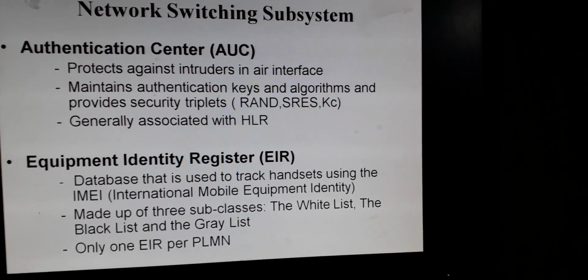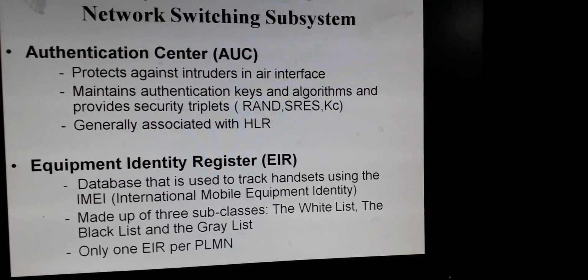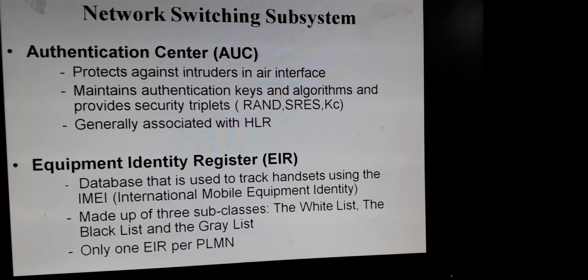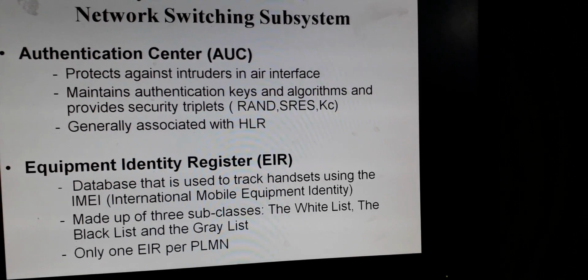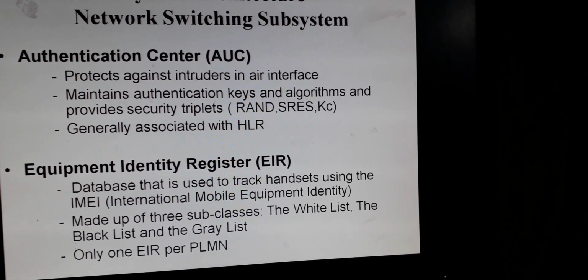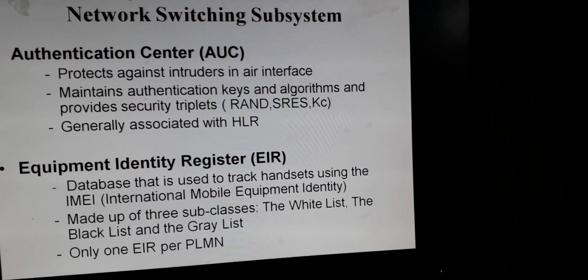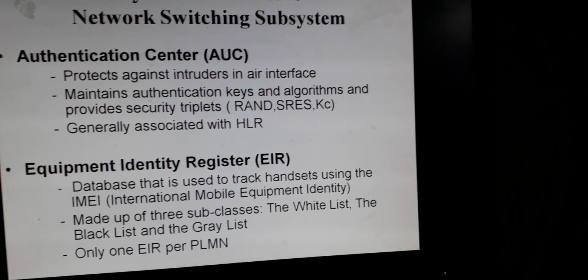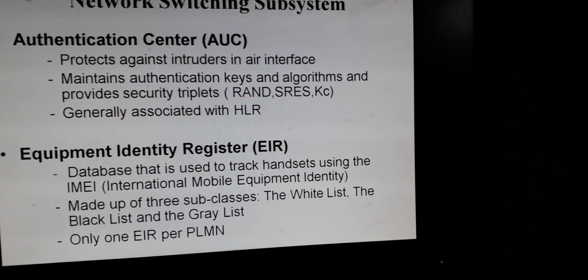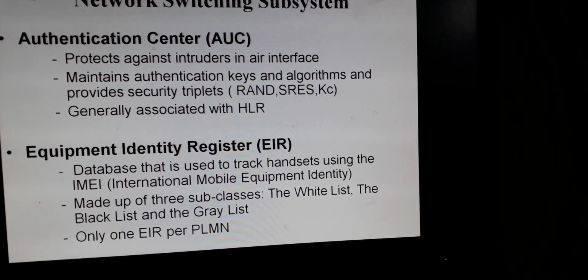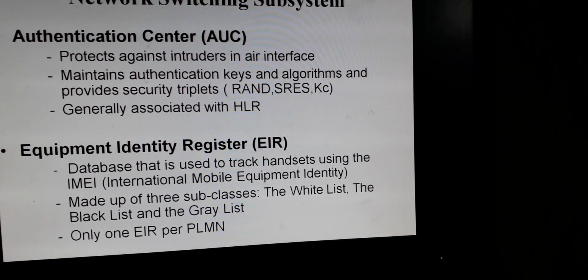Authentication center protects the authenticated subscriber against intruders, maintains 128-bit random number, 32-bit signed response and KC, cipher key, and is associated with HLR. Equipment identity register maintains handset IMEI numbers.